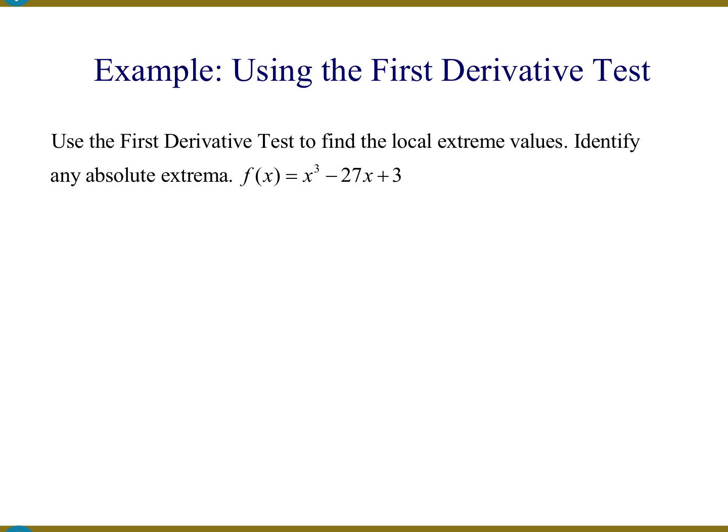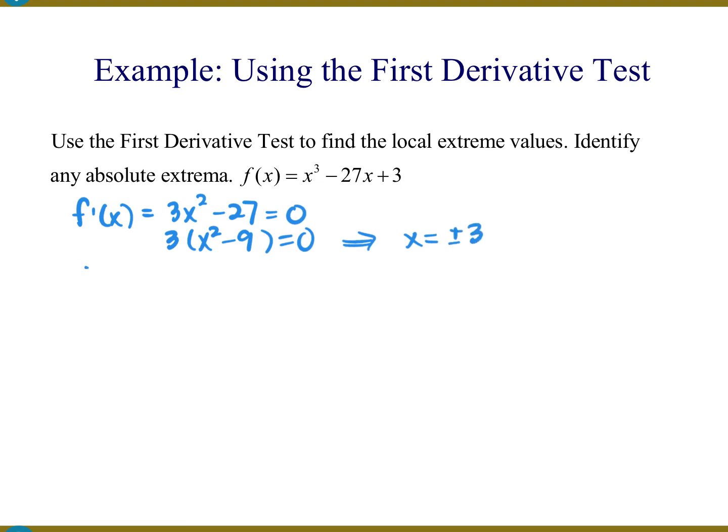Okay, so to identify any absolute extrema, we're going to take our derivative and set it equal to 0 and to undefined. So our derivative will be 3x squared minus 27. We will set that equal to 0. We factor. So x squared minus 9 equals 0, which implies that x has the solutions of plus or minus 3.